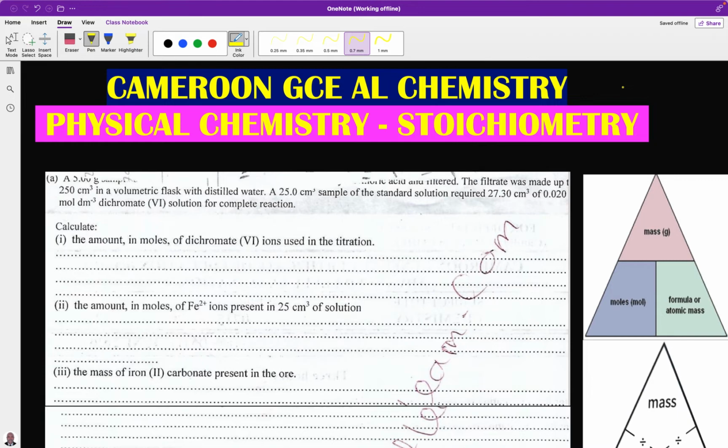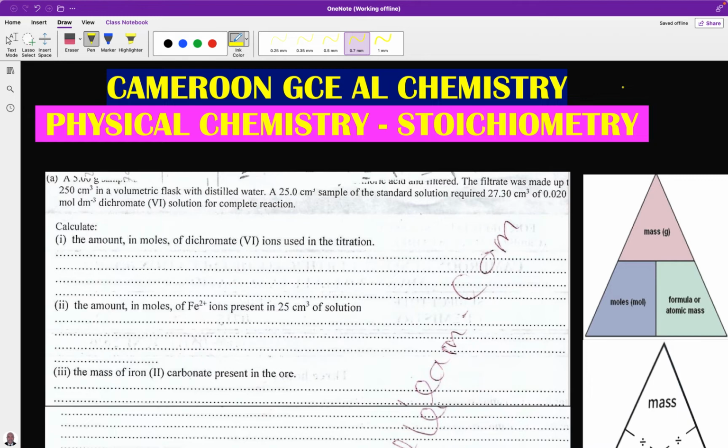After reading the first section of the question, you realize that this has to do with redox titration. Dichromate 6 is there. It's a strong oxidizing agent.